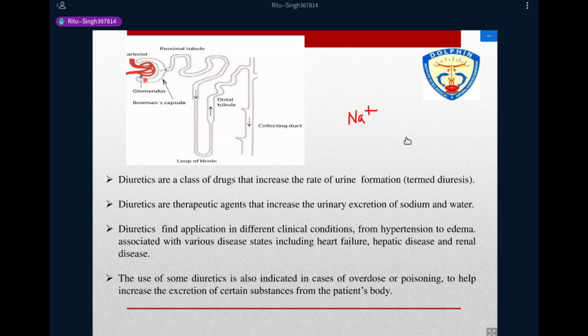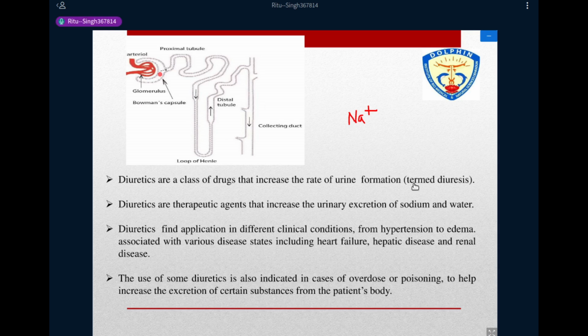The first is the Bowman's capsule, surrounded by a network of blood capillaries, and these capillaries help to filter the blood.